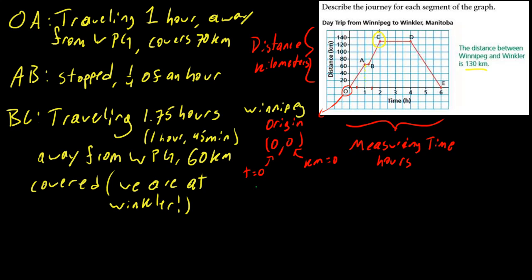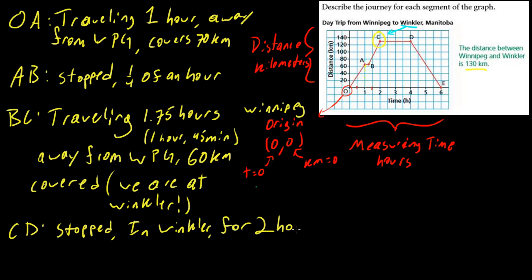So at C we are actually at Winkler, and it looks like we're going to be in Winkler for the foreseeable future, for these 2 hours. So for C to D, again, we're stopped, but we're in Winkler for this day trip for 2 hours. And now we're at D.